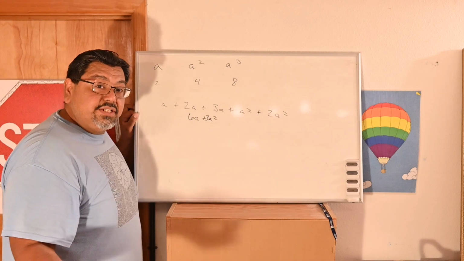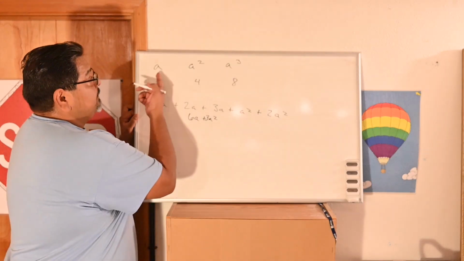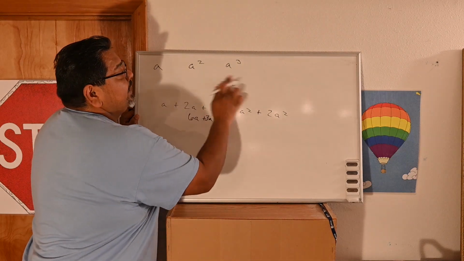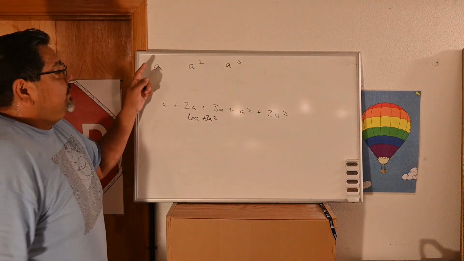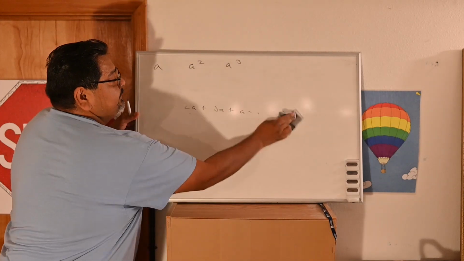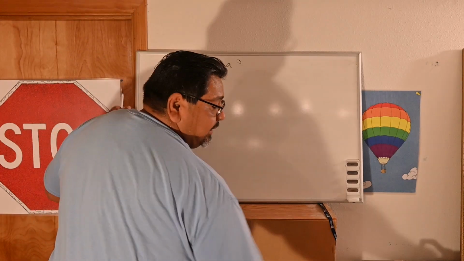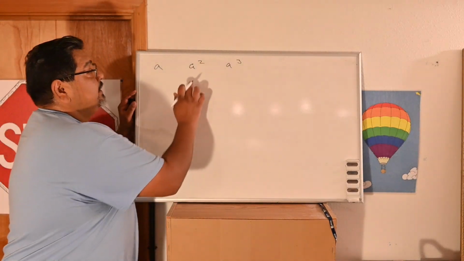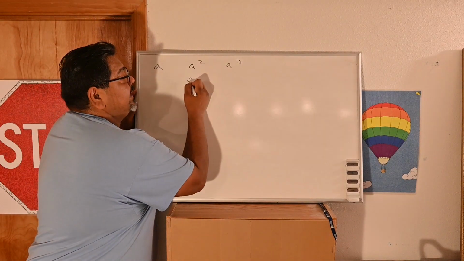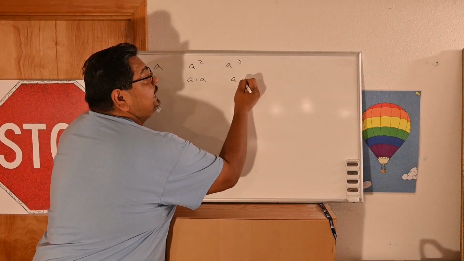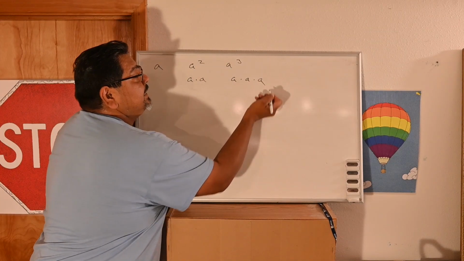Now multiplication is a little bit different because now we don't know what these are, right? We know that all three of them are different, but we just don't know what they are. But there is something we can say about these. A squared is a times a. A cubed is a times a times a.